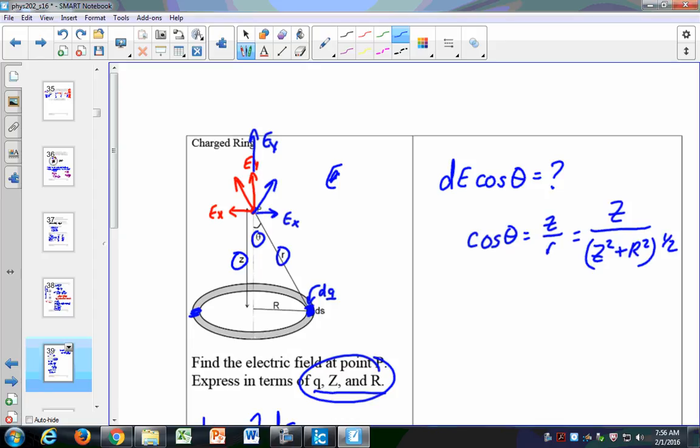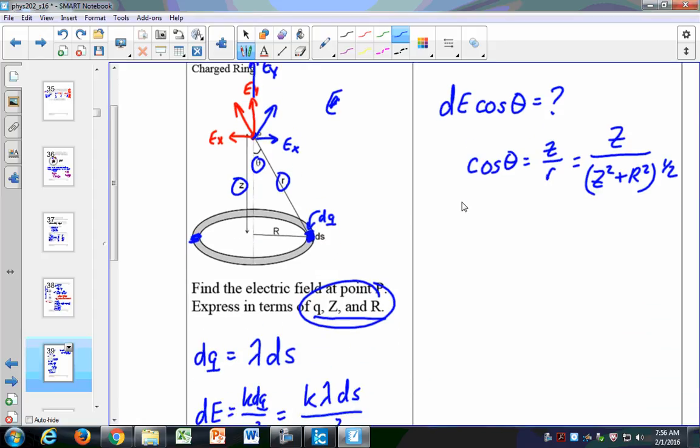So now I can find the differential for my electric field. I'm going to call it dE perpendicular. That's really just saying I'm looking for dE cosine theta, because that's the only electric field that's left after I integrate all the way around. Putting all this together, it's going to look like k lambda ds over z squared plus r squared.